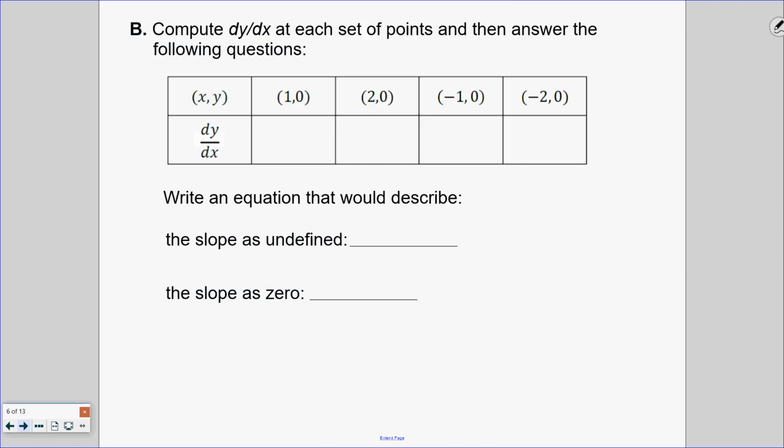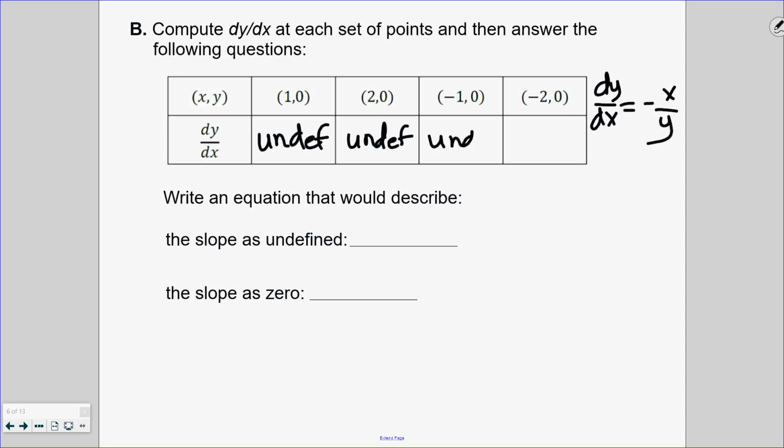So now let's find out what happens at all of these points. So we have (1, 0), (2, 0), (-1, 0), (-2, 0). So these are all x-intercepts. Well, if we do that, remember that our dy/dx is minus x over y. Well, in each of these 4 points, y is 0, which means I would be dividing by 0. So we have undefined, undefined, undefined, undefined. Okay, so every time.